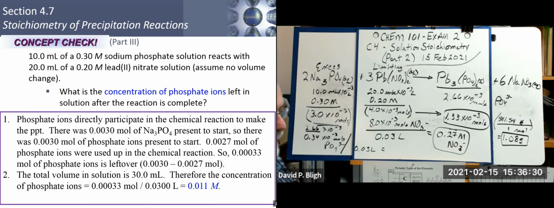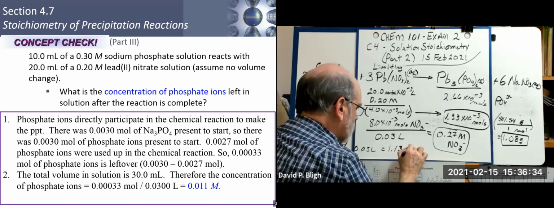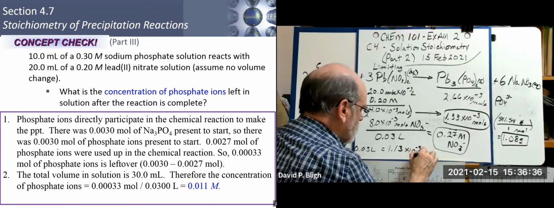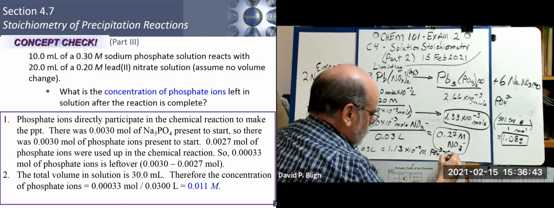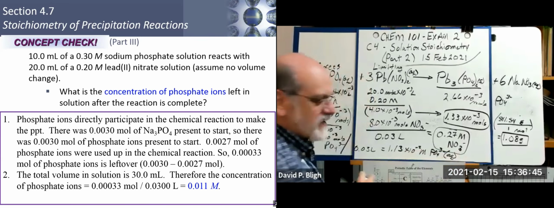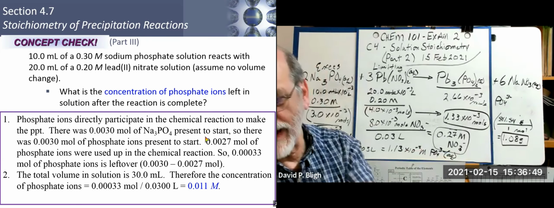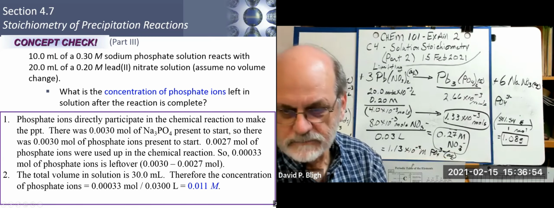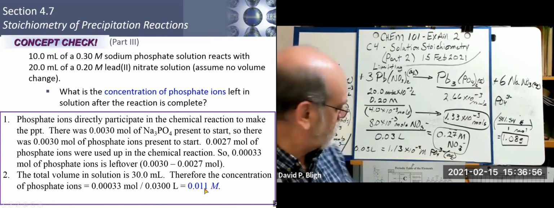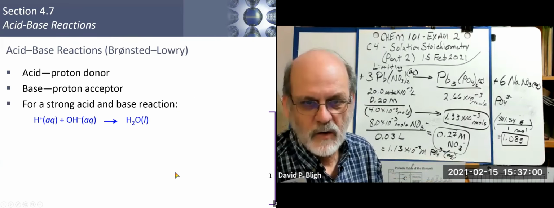And I get 1.13 times 10 to the minus 2. 1.13 times 10 to the minus 2 molar phosphate aqueous. That's what's left in solution. All right, we rounded it off here. So this is 1.1. I said 1.13. Okay?